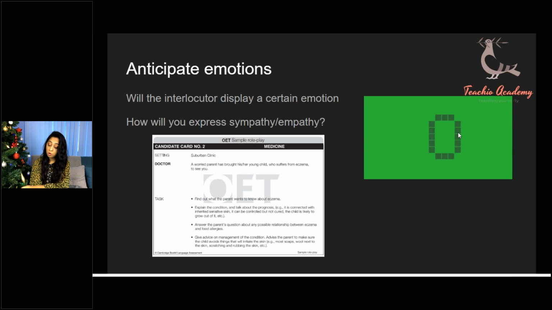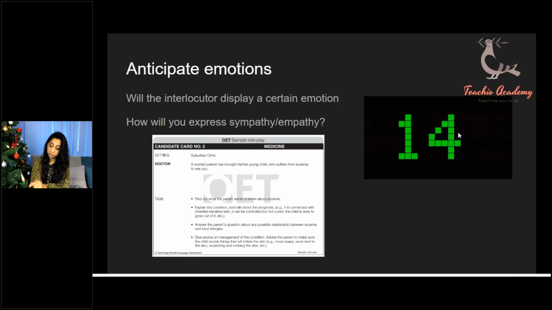Depending upon what emotion they're going to have, you're going to plan what you're going to say to your interlocutor. Okay, so can anyone tell me what emotion the interlocutor might express in this scenario?